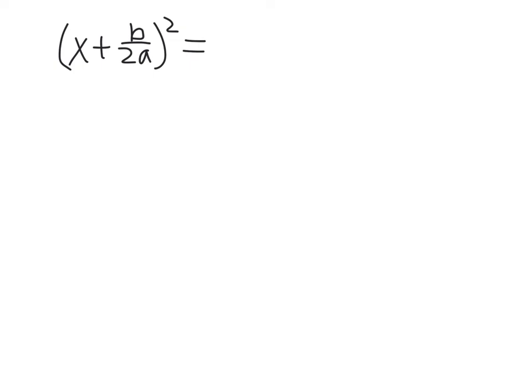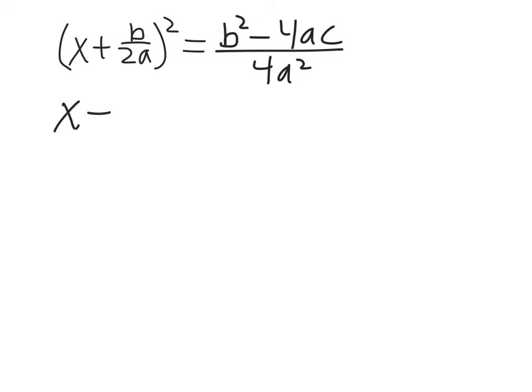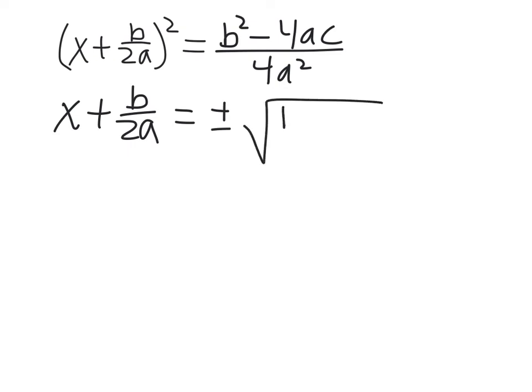Okay. b squared minus 4ac, all over 4a squared. And the procedure then, square root both sides, which technically this would be the absolute value of that quantity, but we'll go ahead and do the shortcut of just taking plus or minus the square root of this whole thing.